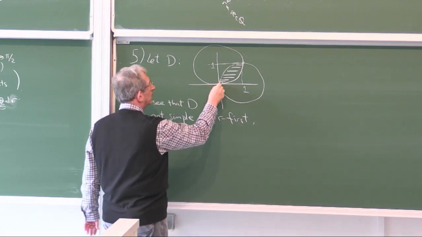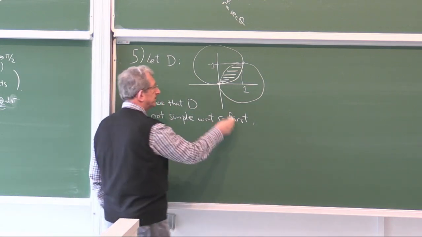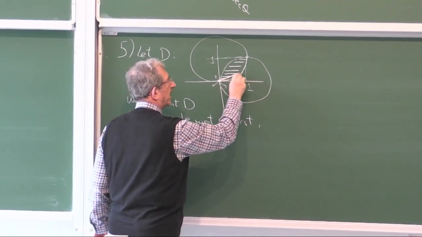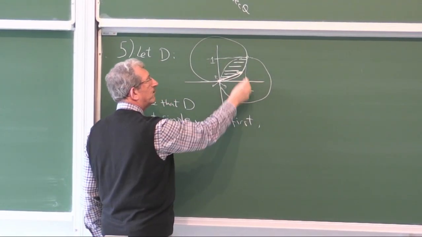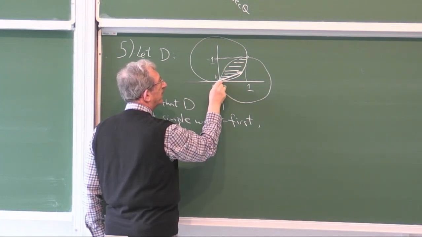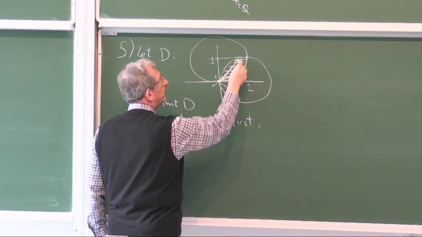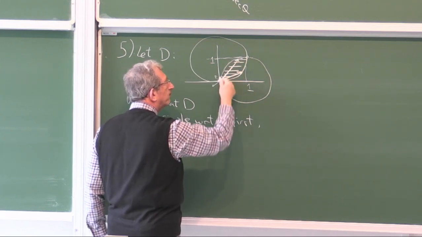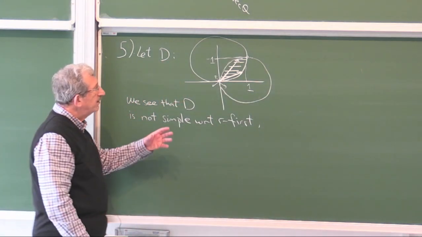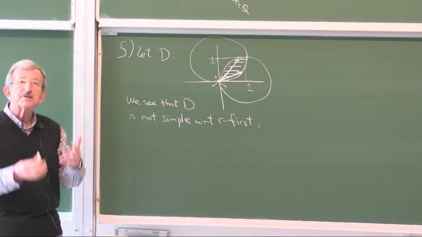Why? We start from the origin and move in all directions, that is, r directions. We are outside here, and we are inside, and we leave from this upper circle, or if we move in this direction, we go out from the other circle, which means that the point where we leave our domain is not given by the same curve.